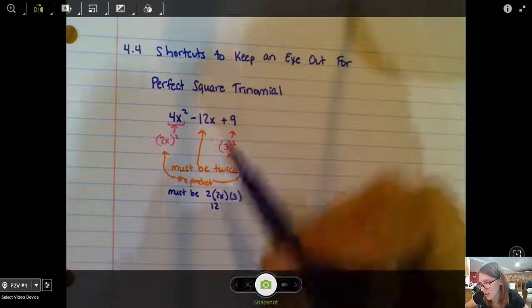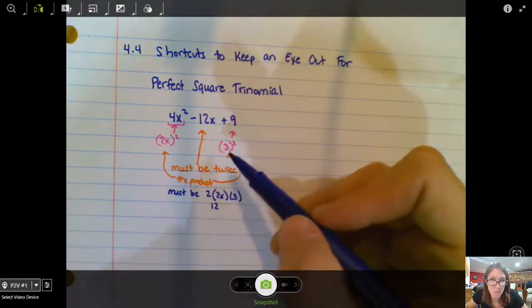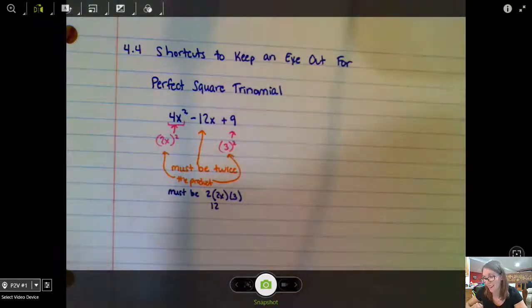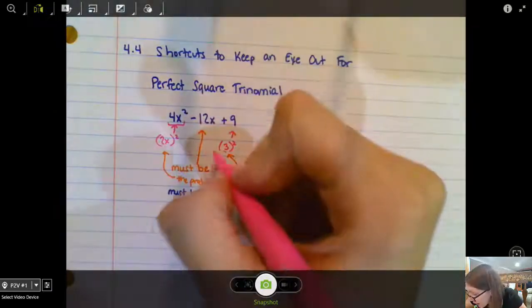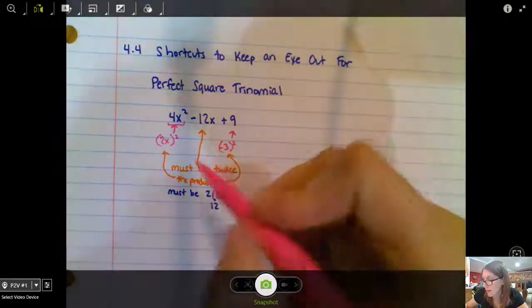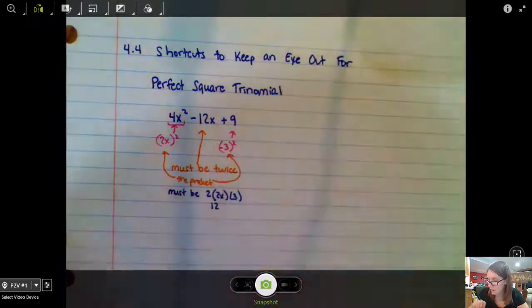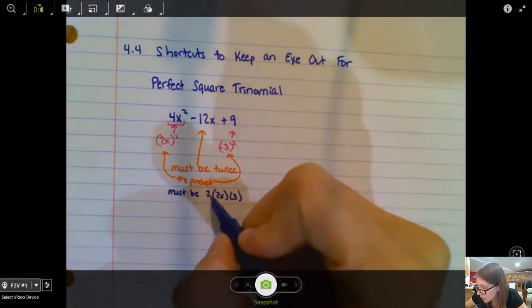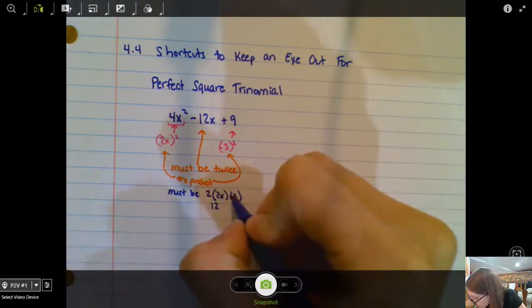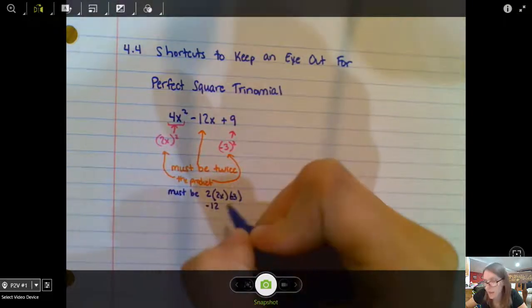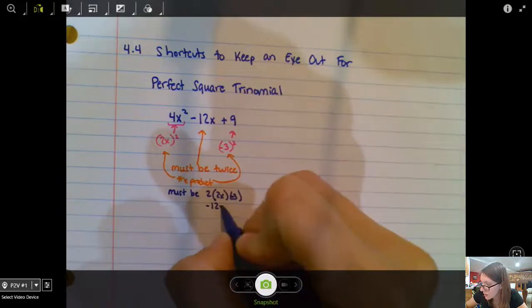Here's what we can change. 9 is 3 squared, right? But 9 could also be negative 3 squared, because negative 3 times negative 3 is still a positive 9. And if we make this a negative 3, 2 times 2x times negative 3 gives us negative 12x, which is what we needed.